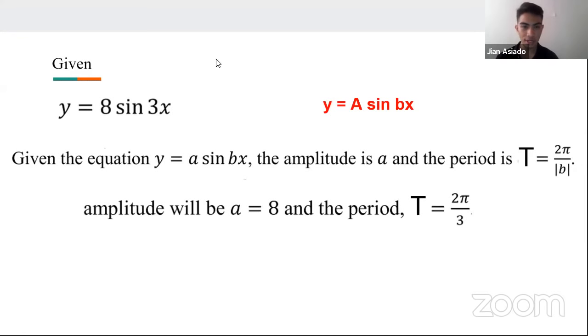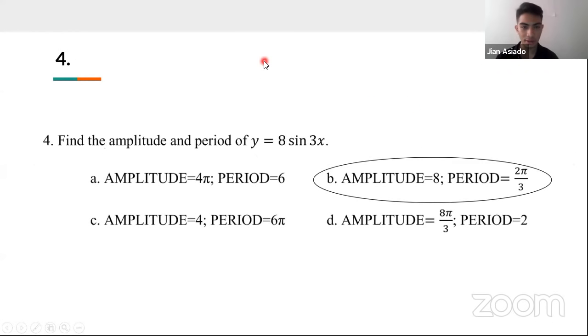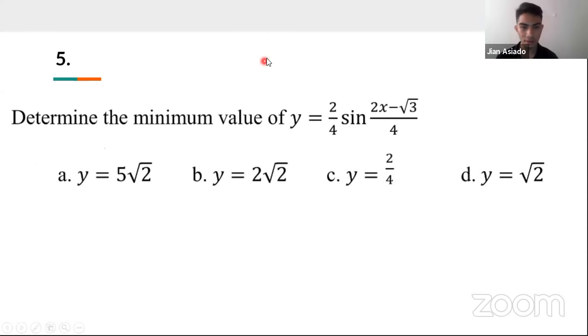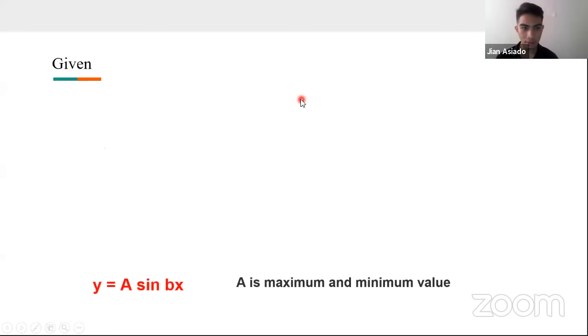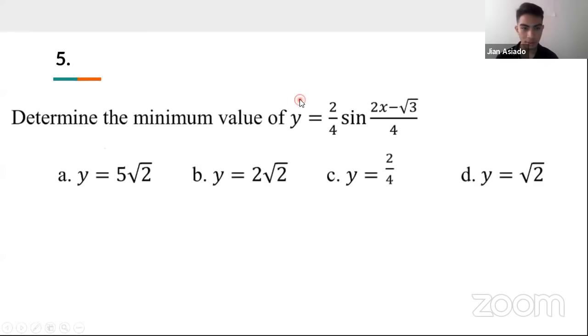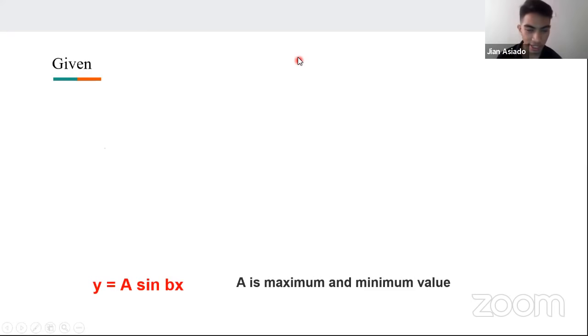If we draw a graph, let's say you have this.